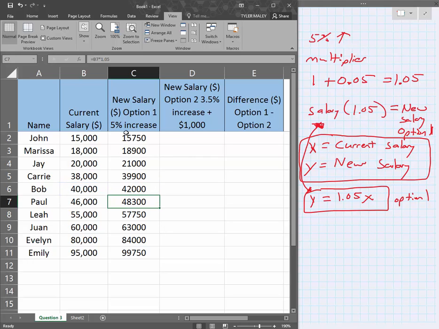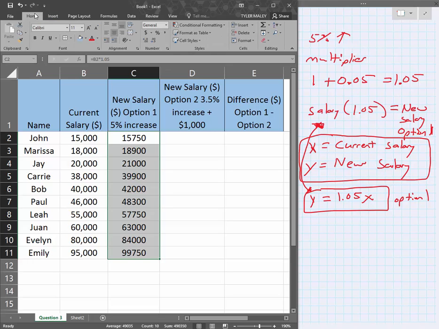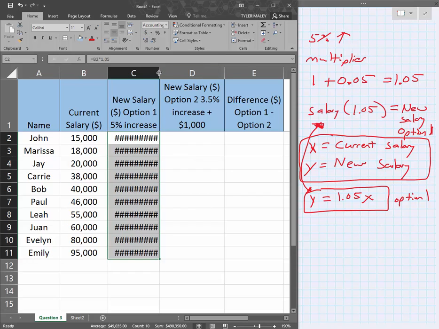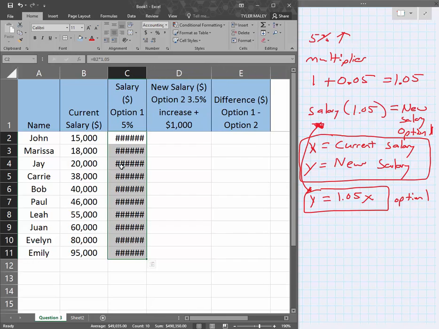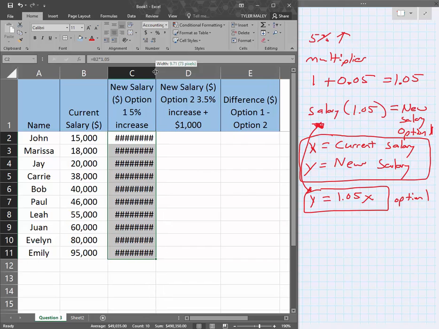Another thing I can do to make this look a little neater is highlight this, go to Home, and click this dollar sign that you see, and that will make it look like money. Notice I had these pound signs; that just means there's not enough room to show the number.